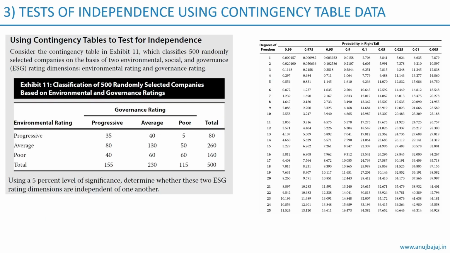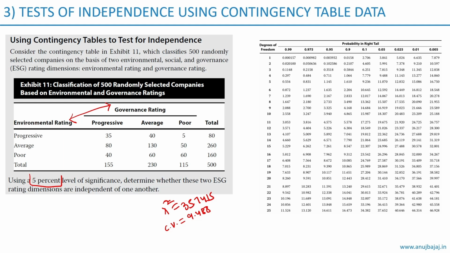If you have time, I would suggest you solve this example where the test statistic comes out to be 35.7415, with a degree of freedom of 4 and a 5% level of significance. The critical value is 9.488. So we reject the null hypothesis and conclude that the two variables are not independent of each other.